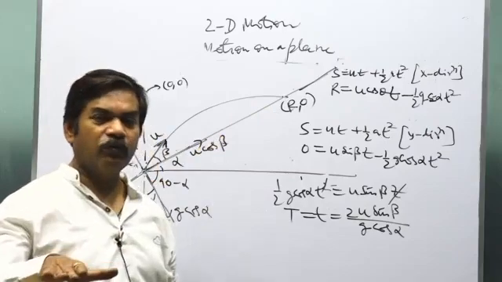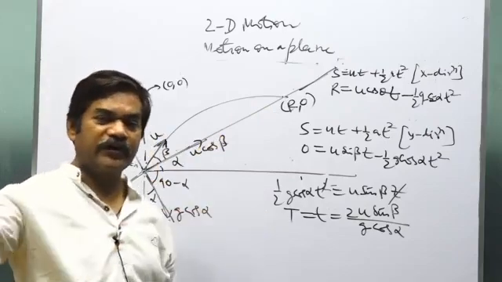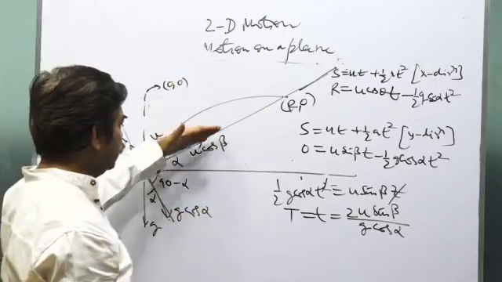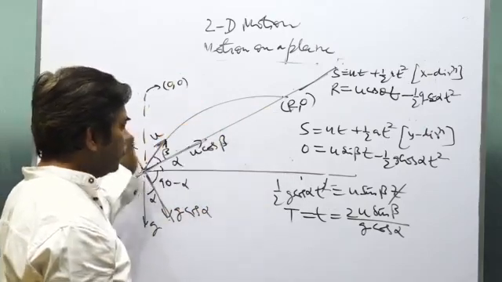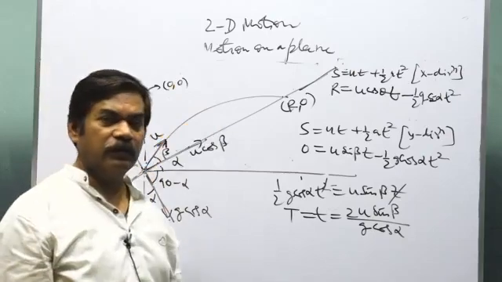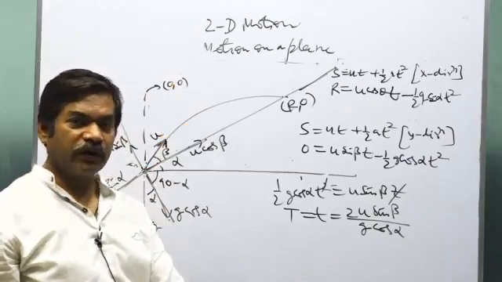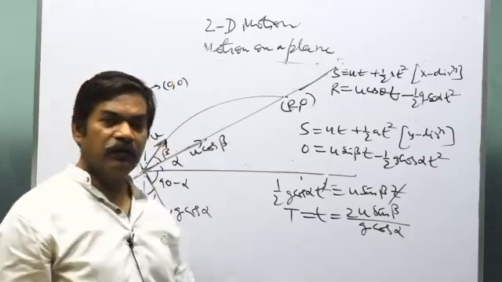When that was on the ground, x was chosen as the horizontal direction, y as the vertical direction, but in this case one is along this direction, other is along this direction, but we did almost the same thing here also.